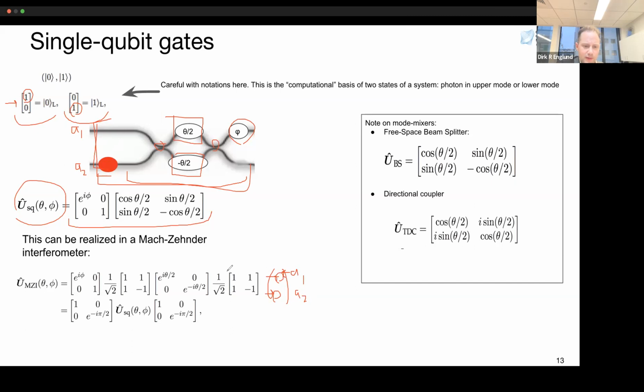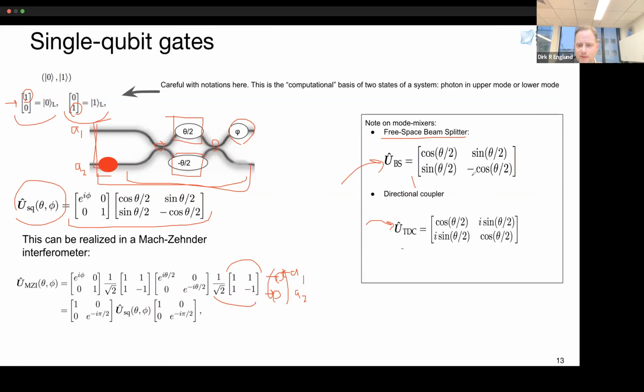Now these fields encounter a beam splitter. In this case, we're assuming this is a bulk mode beam splitter that has this form. I don't want to derive this separately, but for a free space beam splitter, the expression you can derive is given by this equation, whereas for a directional coupler, it's typically denoted in this way.